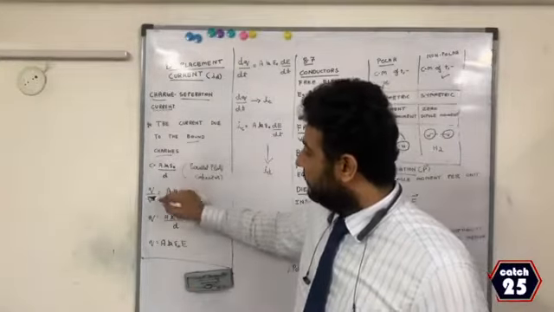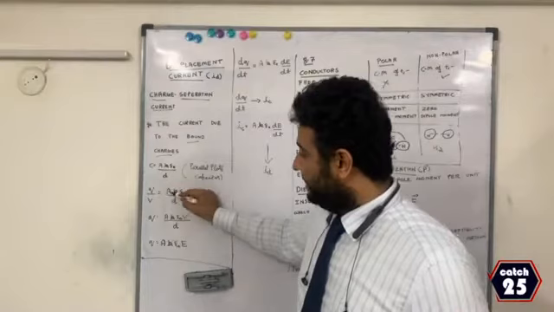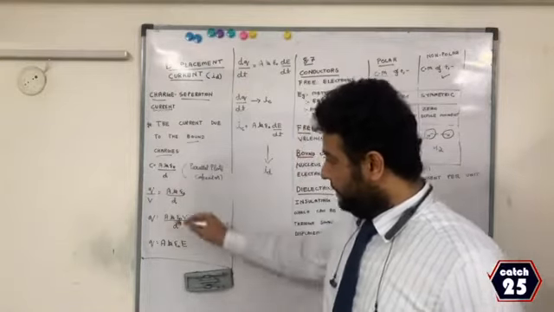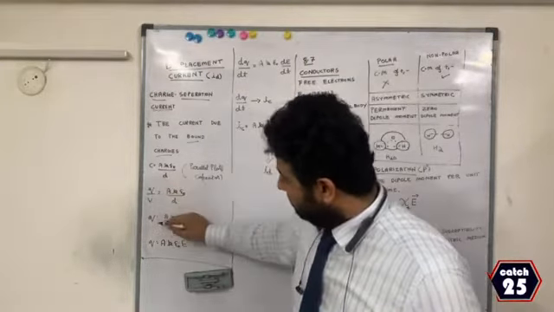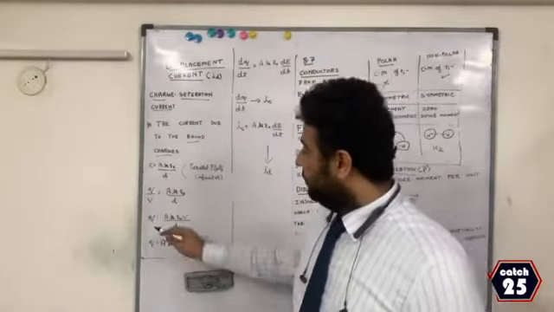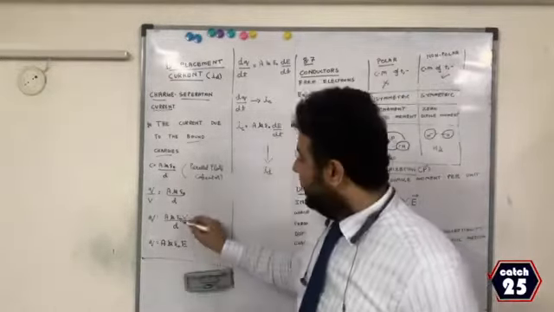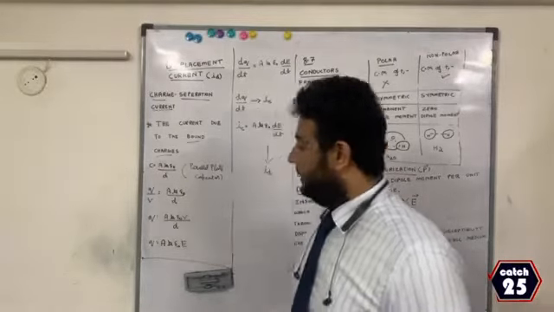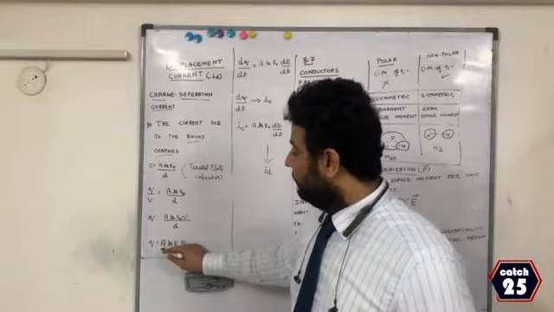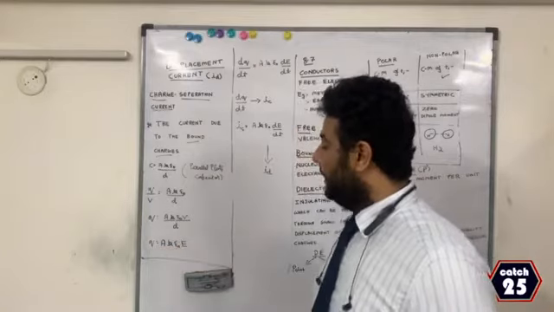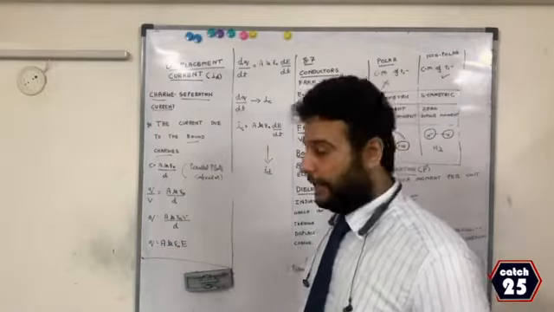Therefore, Q by V is equal to AK epsilon naught by D. Take V on this side. Therefore, Q is equal to AK epsilon naught V by D. And you know V by D is E. Therefore, Q is equal to AK epsilon naught into E.